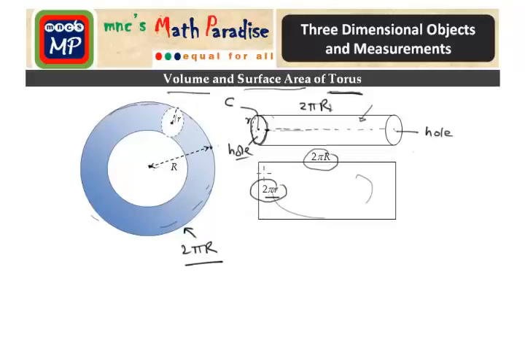Then the total surface area is this rectangular area. So the TSA, the total surface area, will be the multiplication of these two dimensions, 2 pi r times 2 pi capital R. So it will be 4, pi and pi will be pi square, and then small r and capital R. So if we are given these two radii, we can find the total surface area using this formula.